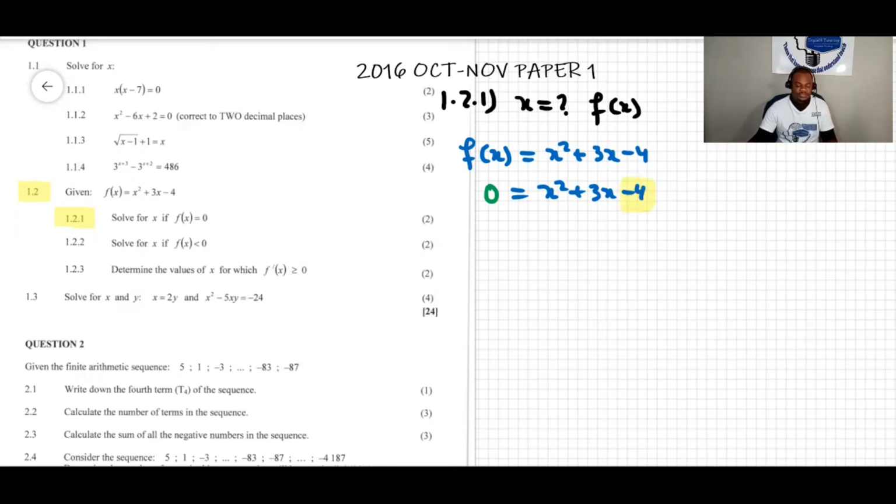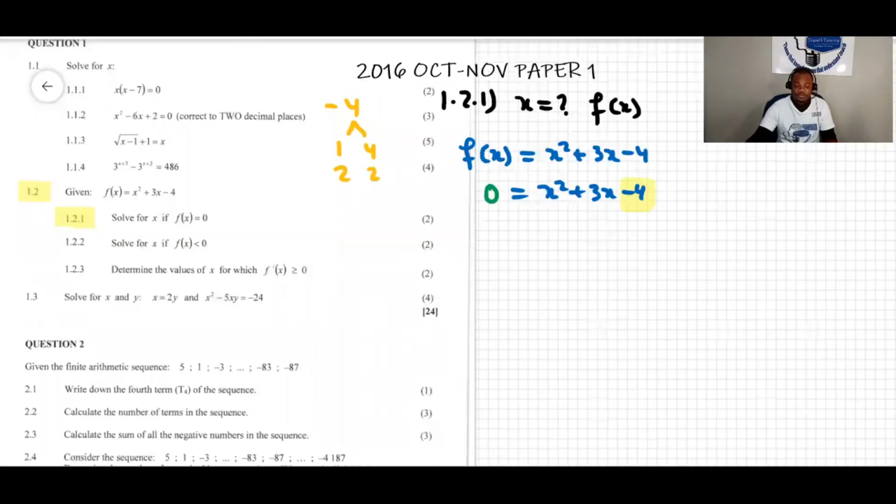We're going to consider the last term, -4, and then list all the factors of 4. They are 1 and 4, 2 and 2 only. Now, in the list of the factors of 4, there must be exactly one couple which will make a sum equal to the middle term, which is +3.